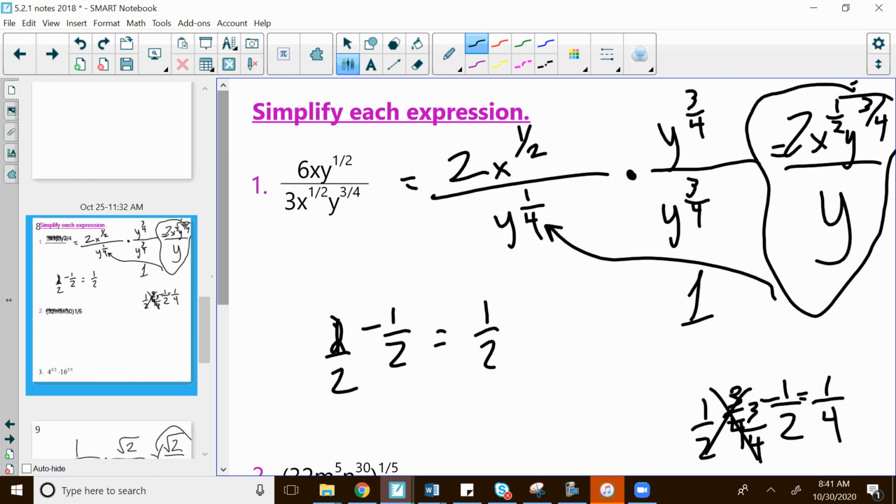So the general rule of thumb here is that you can kind of tell when you're going to have to rationalize the denominator or not. If you notice, x to the first, 1 is greater than 1/2. So when you do this simplifying, the fraction is going to go in the numerator. That's just fine. You can have fractional exponents in the numerator. You're way good with that. But 3/4 is more than 1/2, so when we simplify this, you're going to get down to a fractional exponent in the denominator.